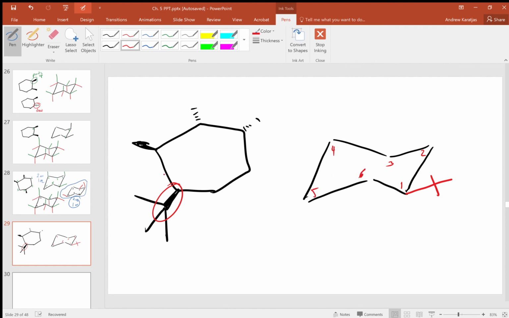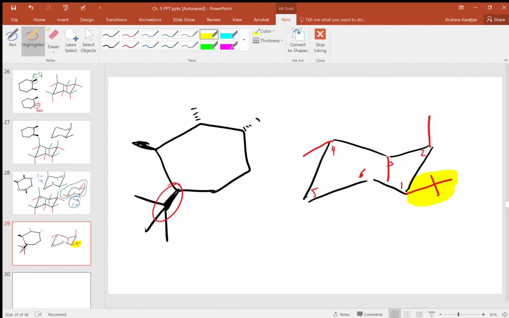Then if I start around the ring, our second carbon has a methyl pointing up, third one methyl pointing down, fourth one methyl pointing down. And again, it doesn't matter as much how many are equatorial versus axial, but that the largest group that we have is pointing equatorial.